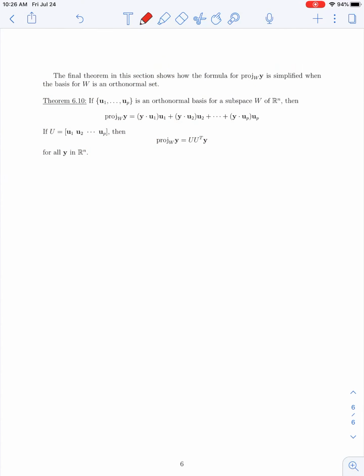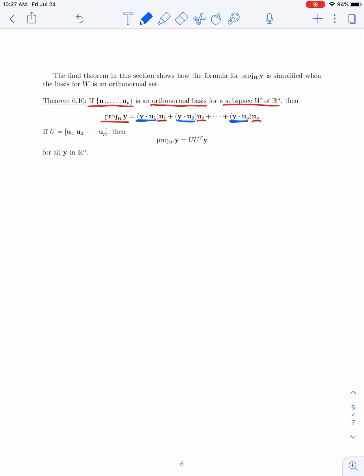So theorem 6.10 says in the event that the vectors u1 through up are an orthonormal basis for the subspace W of Rn, so that is, they are an orthogonal basis and each vector is a unit vector, length 1, then the orthogonal projection of y onto W is the linear combination of u1 through up, where the weights are now just given by the dot products of y with these basis vectors.